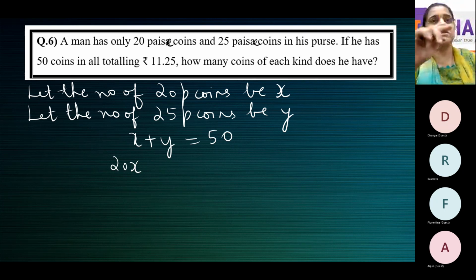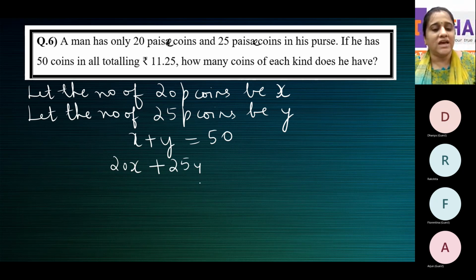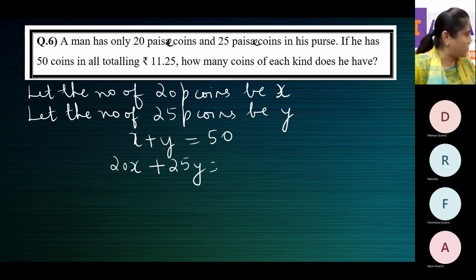If you have 6 25 paise coins, then you have 25 into 6, 150 paise or 1 rupee and 50 paise. Correct? Okay. So 20X is the value of all the 20 paise coins plus 25Y is the value of all the 25 paise coins.